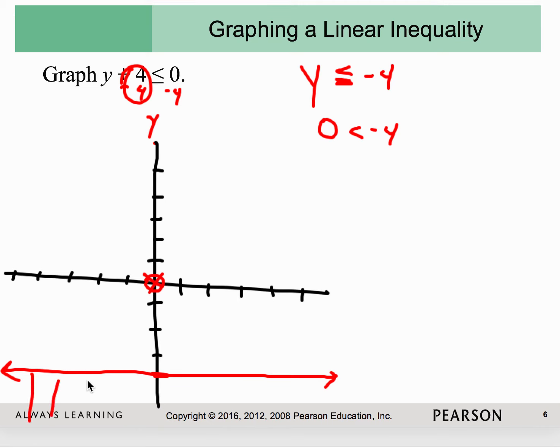Less than is on this side. When I have a slanted line, I can't tell those combinations, what makes it positive or negative. But if it's just the Y, down here is less than negative 4 and up there is greater. Or you could plug in. It told us the same thing.